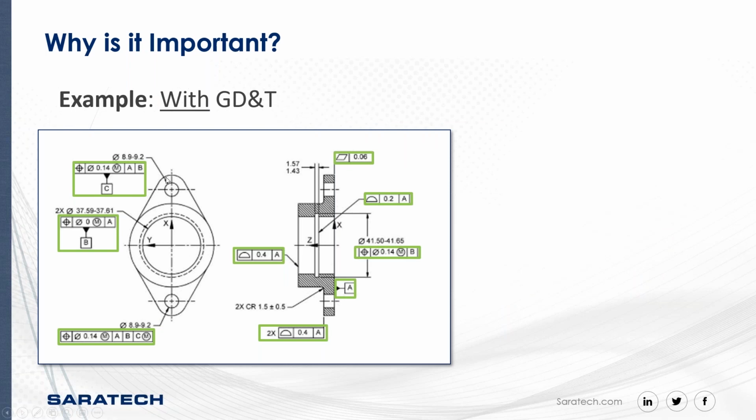So say, for example, this hole, this true position tolerance hole, if we're reading this feature control frame, this is saying that there's a true position tolerance of 0.14 diameter relative to A and B. The first datum here is what this hole is normal to. So if for some reason this surface is datum feature B, then this would have B first and then A.